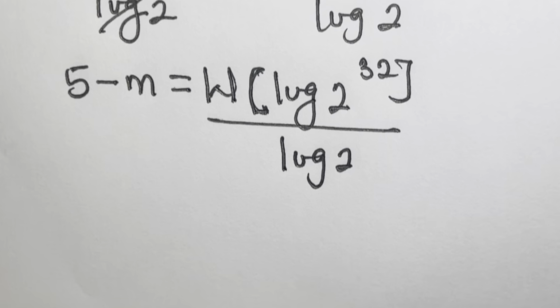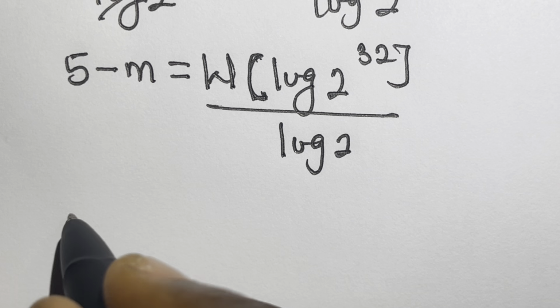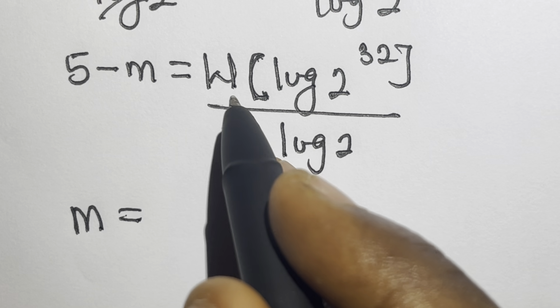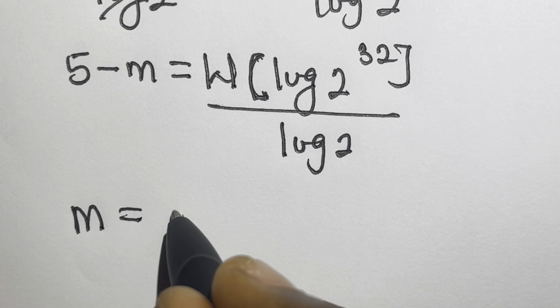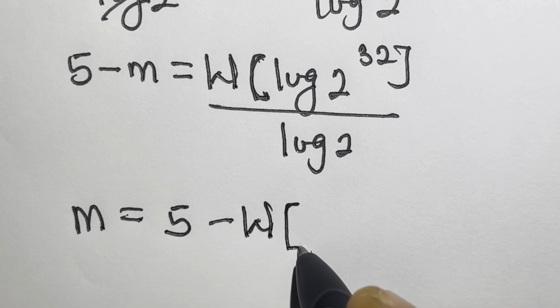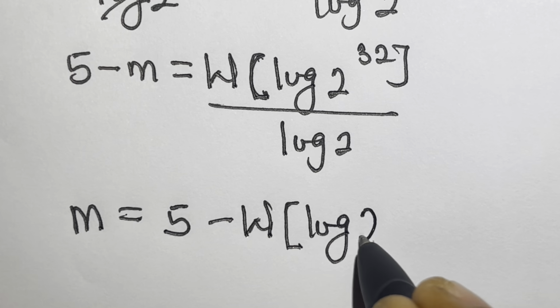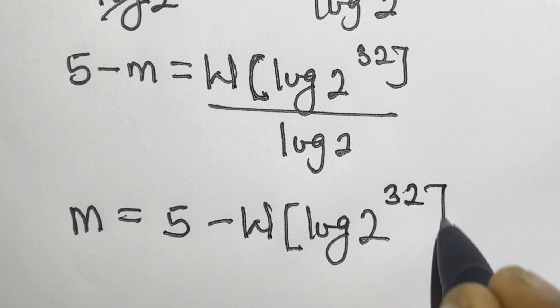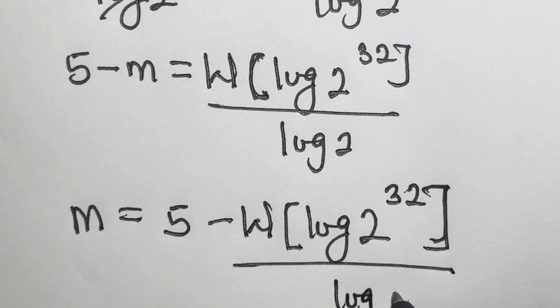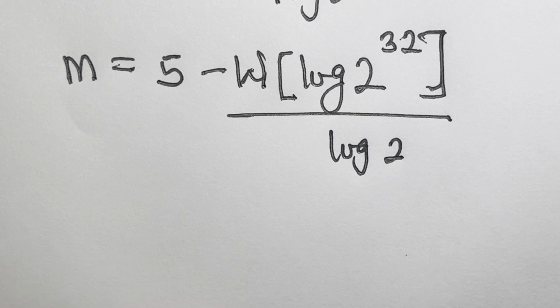If we collect like terms, we are going to have m equals 5 minus the Lambert function of log 2 raised to power 32 divided by log 2. So here we have our value.